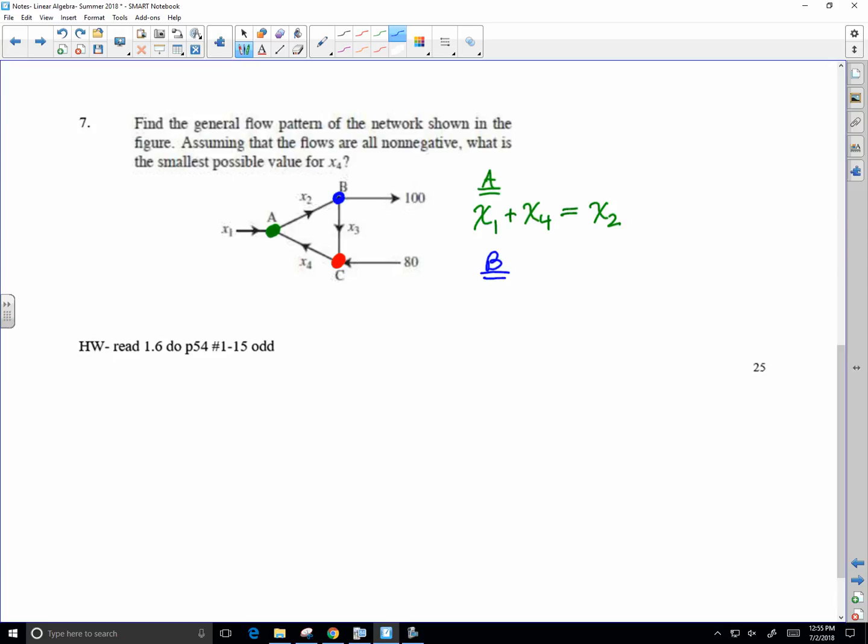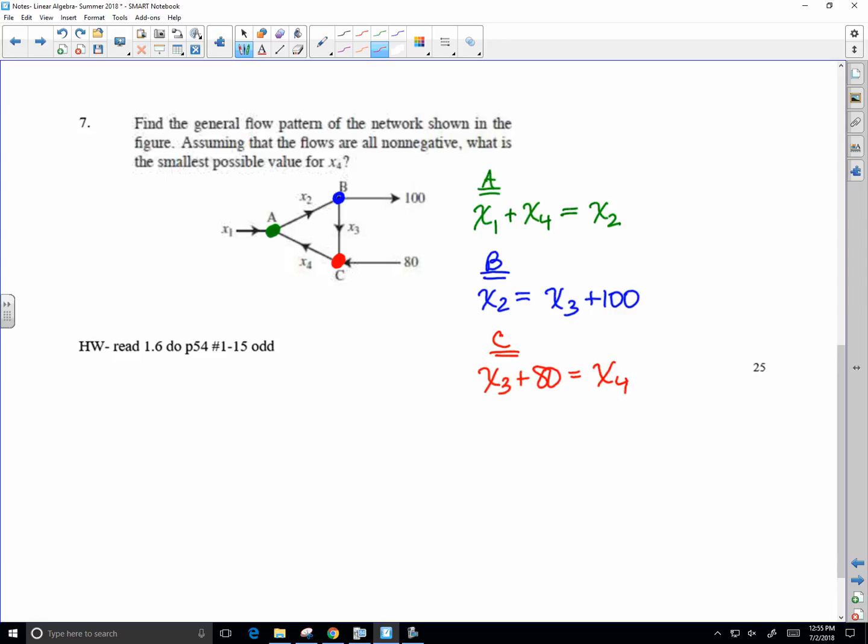For B, what it's gaining, x2, has to be equal to what it's losing, x3 and 100, some arbitrary quantity 100. And at C, what it's gaining, x3 and 80, has to be equal to what it's losing, which is x4.